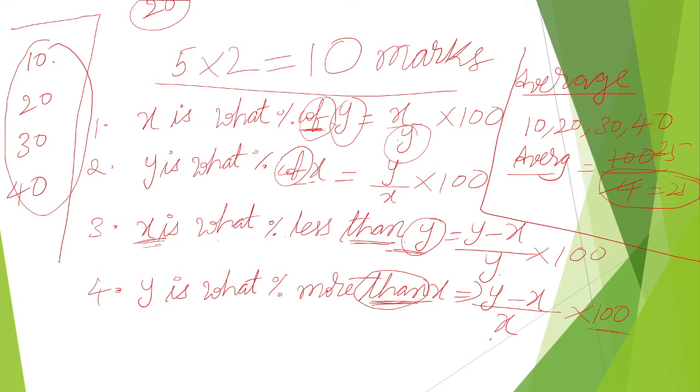Is 10 less than 20 or greater than 20? 10 is less than 20, by how much? Minus 10. 20 has no addition and no subtraction. 30 is 10 more than 20. 40 is also 10 more than 20.